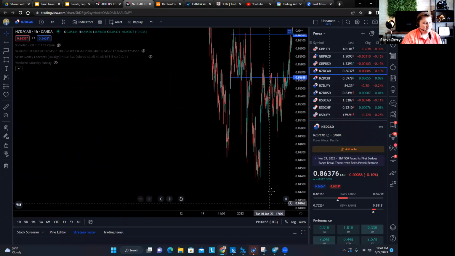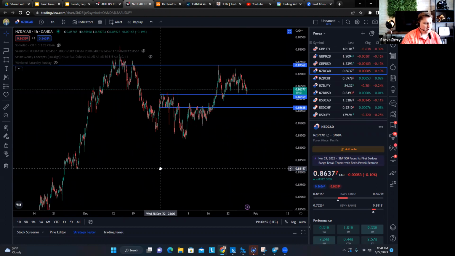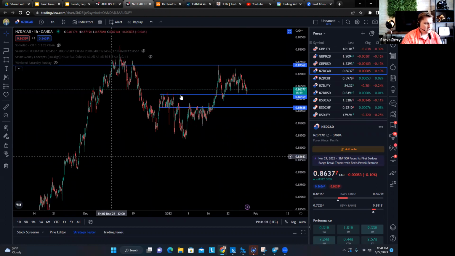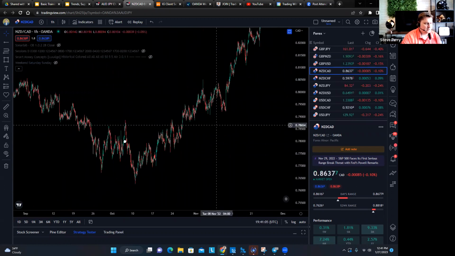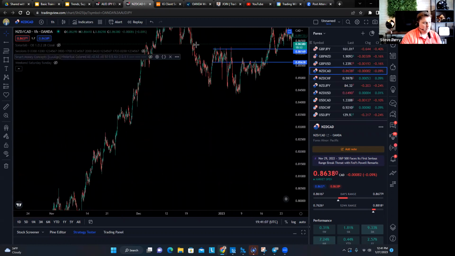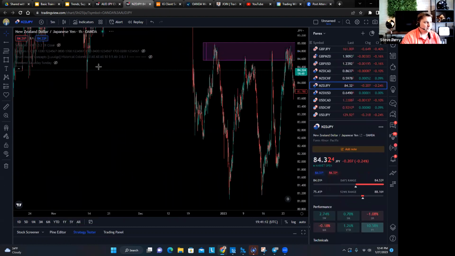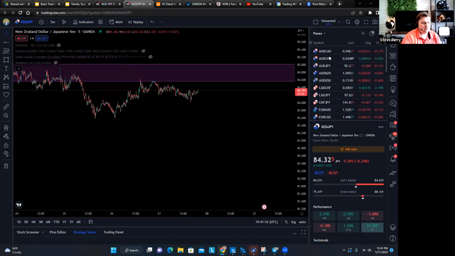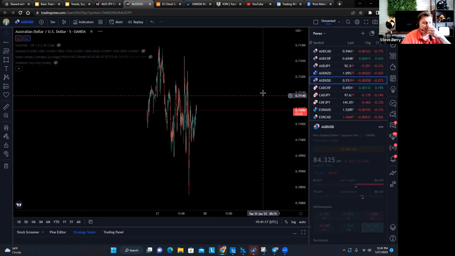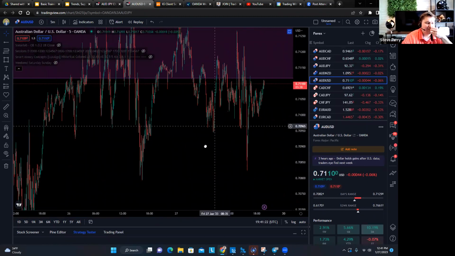All right, let's see if we can find one that works out just great, just perfect. See if I can find something, maybe on a smaller time frame, like something that happened today, perhaps. Let's go to, I don't know, the Aussie dollar or something. Okay, this one doesn't have as much. This is two back and forth.